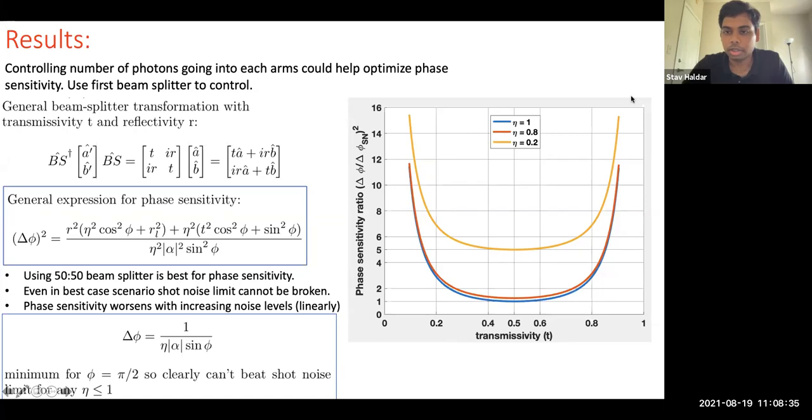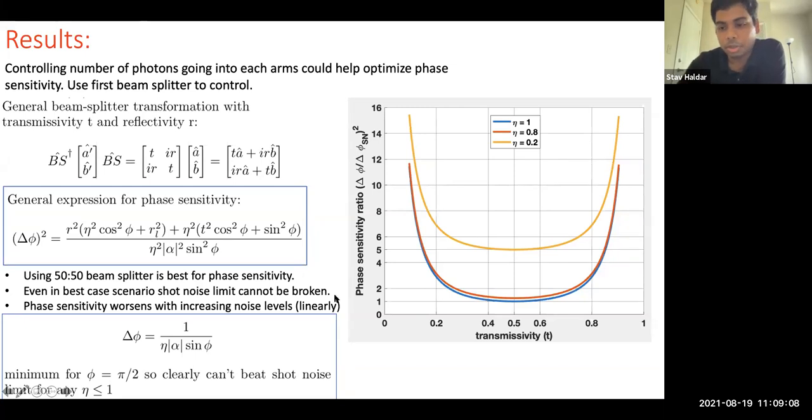In the plot on the right, you can see that irrespective of the noise level, eta small means large noise, so 1.2 means you lose almost 1/5 of the photons in the top arm, and eta 1 means no noise, the phase sensitivity is always minimized at a beam splitter transmissivity of 50%. So the 50-50 beam splitter is always the best.